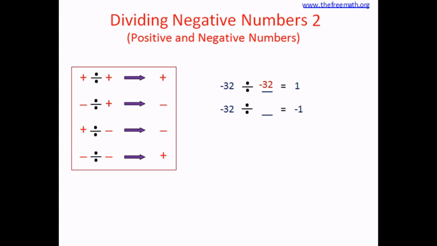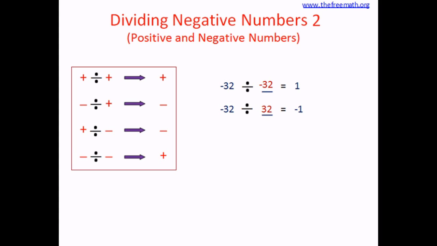The next one is this: negative 32 divided by what equals negative 1. That means here we have to find the divisor. Let's first ignore the signs. If you ignore the signs, you just have to think that 32 divided by what equals 1. We know that 32 divided by itself will be 1. That means the divisor is 32 without considering the sign.